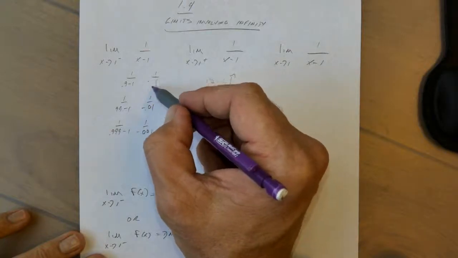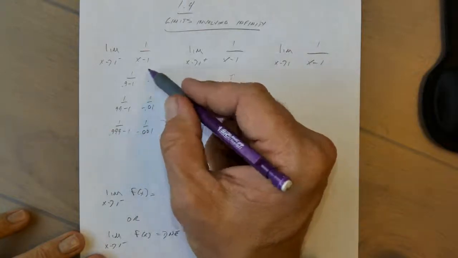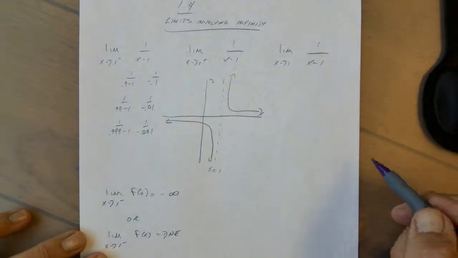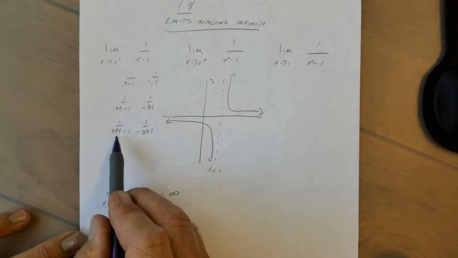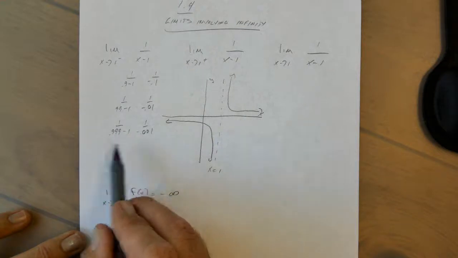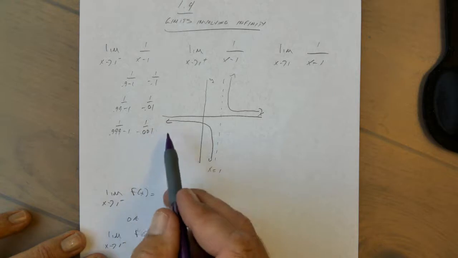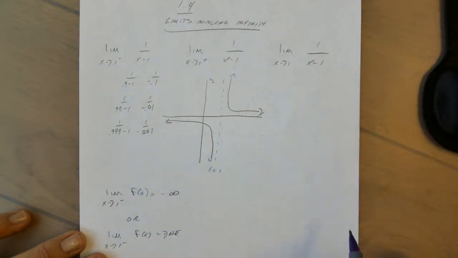And with this number less than 1 in the denominator, the overall number is going to keep getting larger and larger, but in the negative direction. And as this x value gets closer and closer to 1, you keep adding a 9. This number in the denominator gets smaller, and then the overall number gets larger, but in the negative direction.